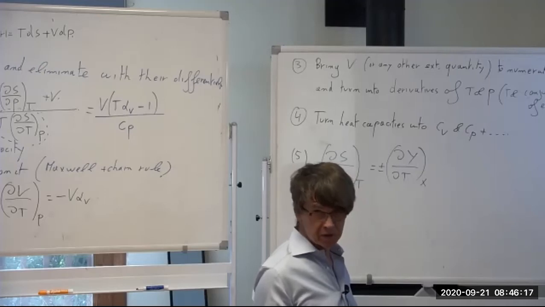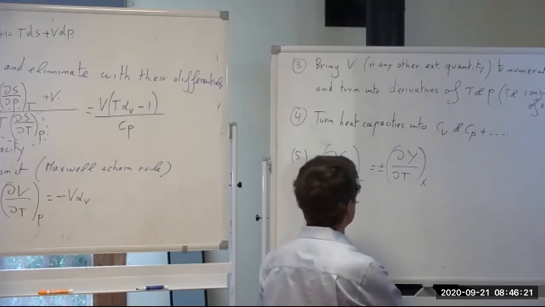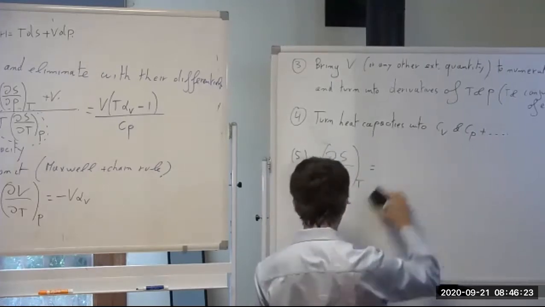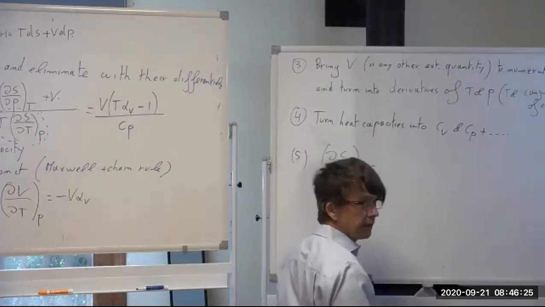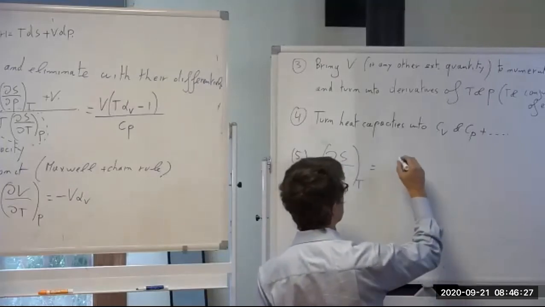You don't measure the temperature dependence of intensive quantities. So when you have the entropy derivative of an extensive quantity, it's so much easier to use the chain rule first.